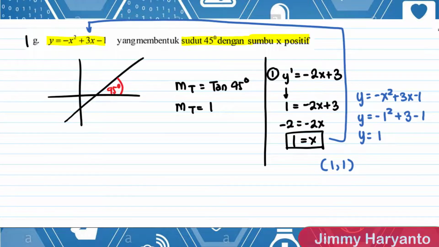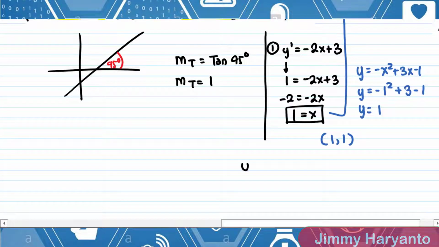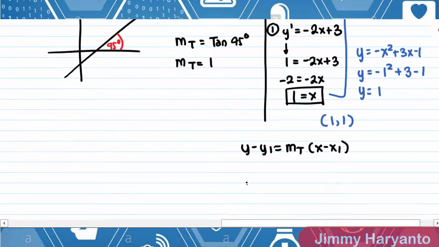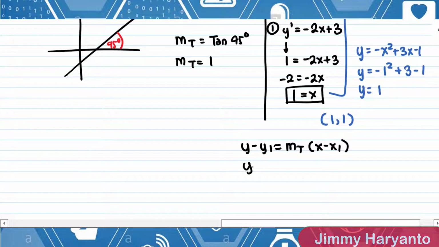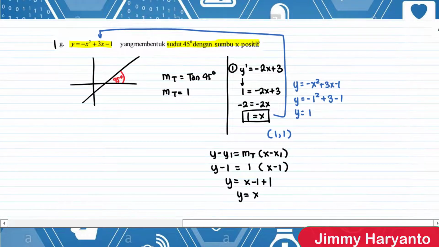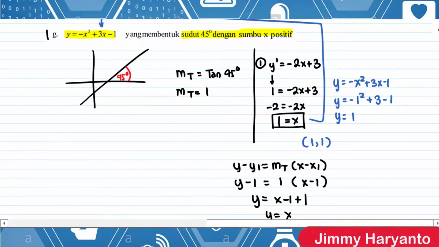Next is the equation of the tangent. y minus y1 equals the gradient of the tangent times x minus x1. So y minus 1 equals the gradient of the tangent, which is 1, times x minus 1. x minus 1 plus 1, so y equals x. There you go. Okay, so this is the equation of the tangent for number 1G.